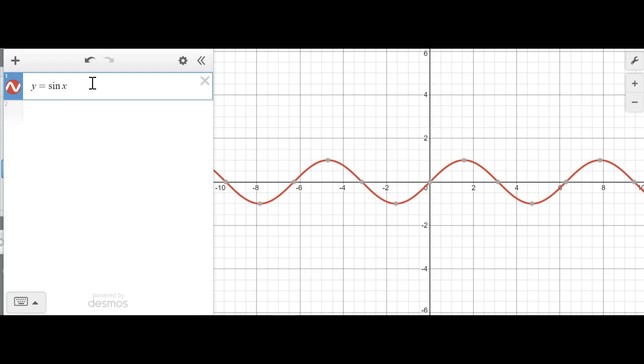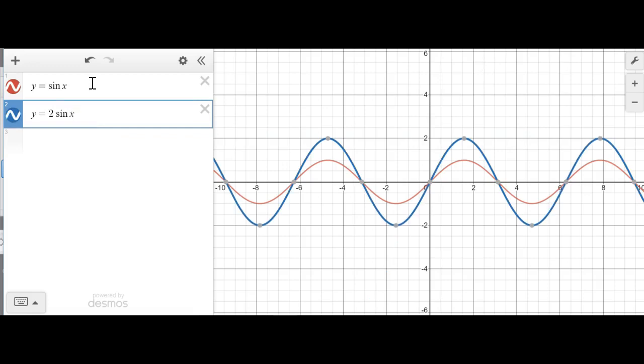In this function, the center line is 0, the x-axis, and this function has a maximum of 1 and a minimum of -1. If I change that number in front of sine to, let's say, y equals 2 sine x, I now have the exact same function, but I've shifted the amplitude. It still centers at 0, but the maximum is now 2 and -2.